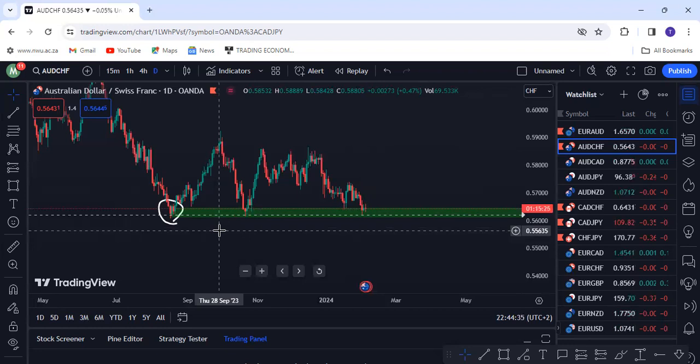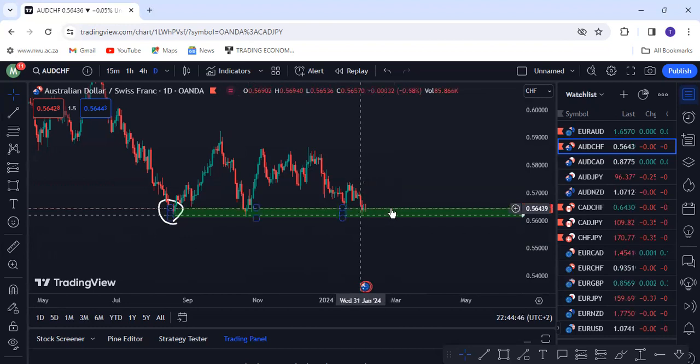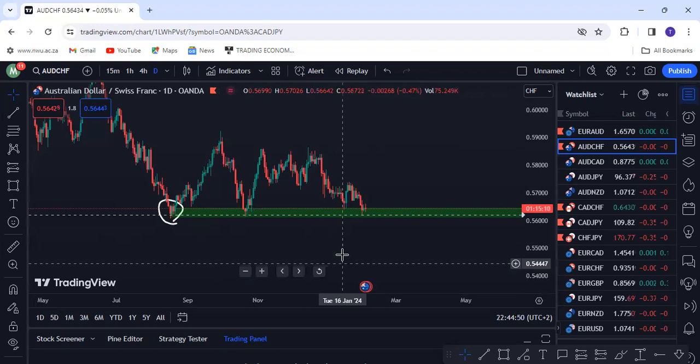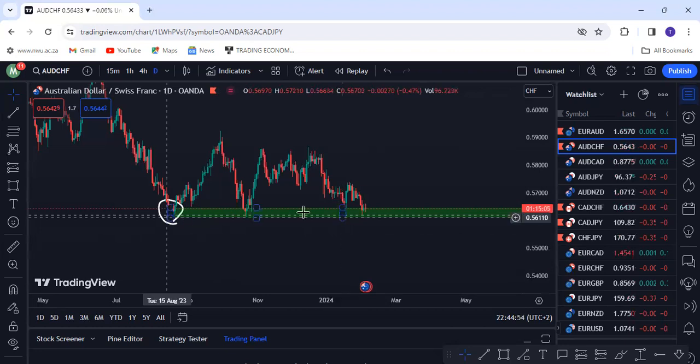But then we know by the principles of supply and demand that if the market finds demand at a point multiple times, then the demand zone becomes obvious to a lot of market participants, and therefore the market will then reevaluate the zone.